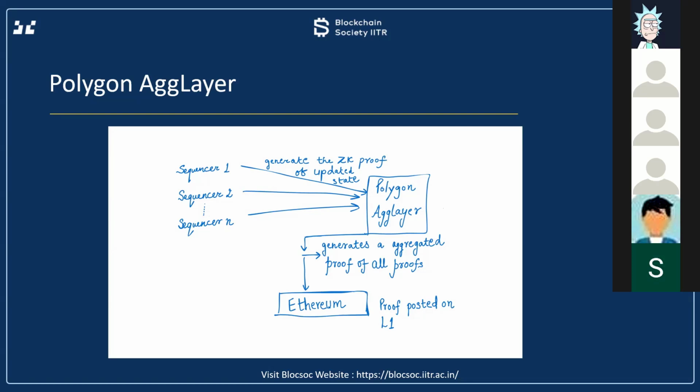All the sequencers first generate a batch, and then for these batches, they generate a ZK proof of the updated state of the L2s, and then they all submit it to Polygon's aggregation layer. The aggregation layer then generates a single aggregated proof of all the proofs it got from the sequencers for all the rollups, and then posts it on Ethereum's L1 chain.